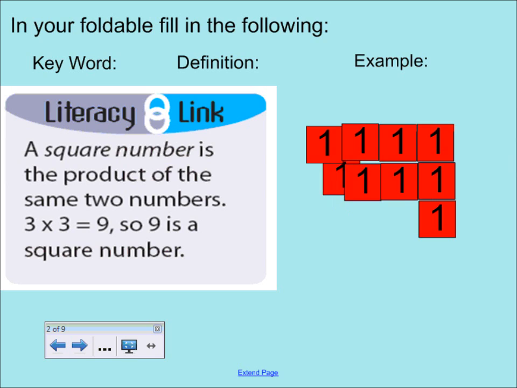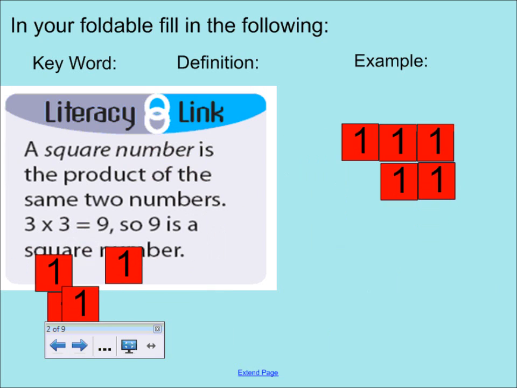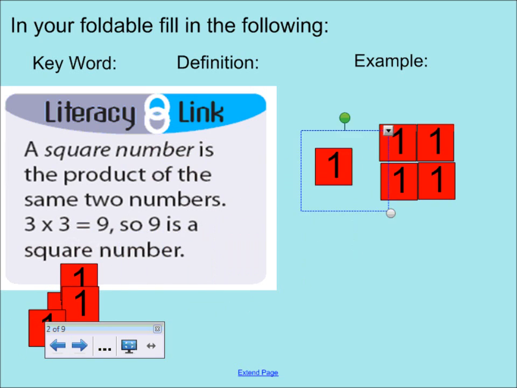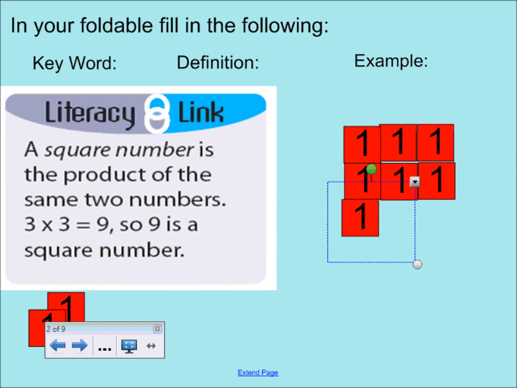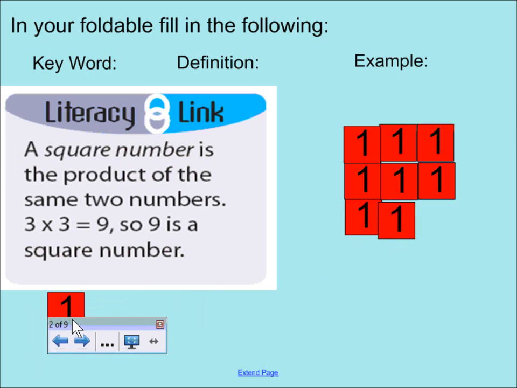This is not a square right here. To be a square, you can have 2 by 2, but 5 does not make a square. 6, 7, 8, 9. 9 would make a square because you can go 3 by 3. 3 by 2, not a square. But 3 by 3, you can see, makes a square.